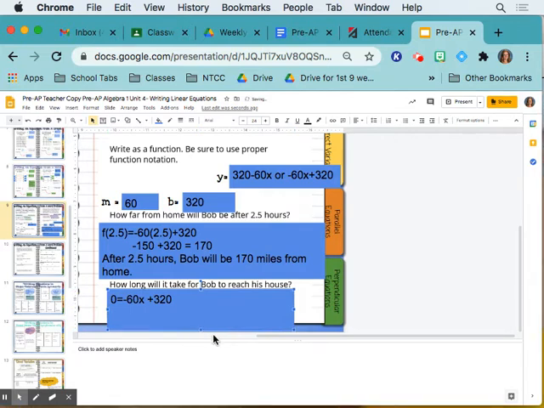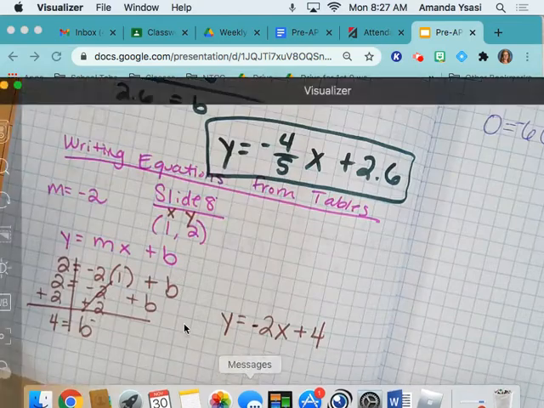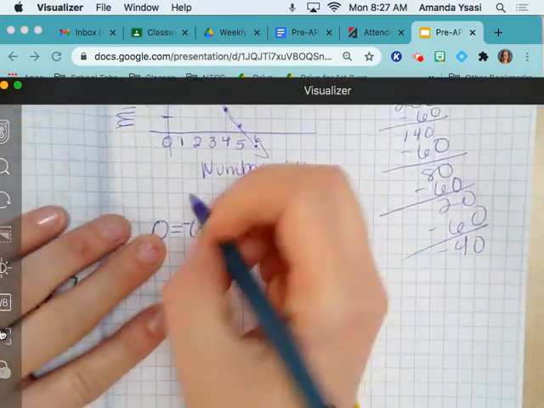I'm going to use my composition book to solve it. So you go ahead and do the same thing. Okay, so 0.